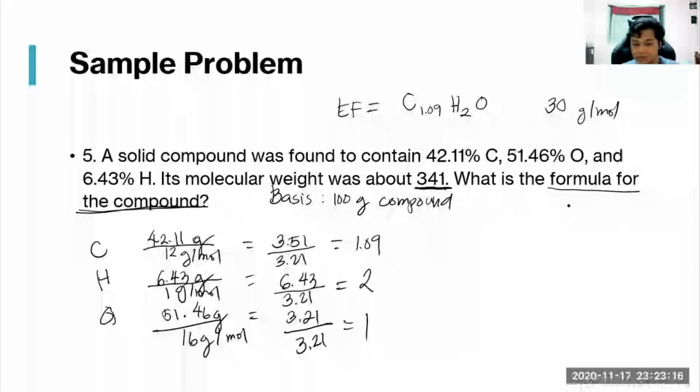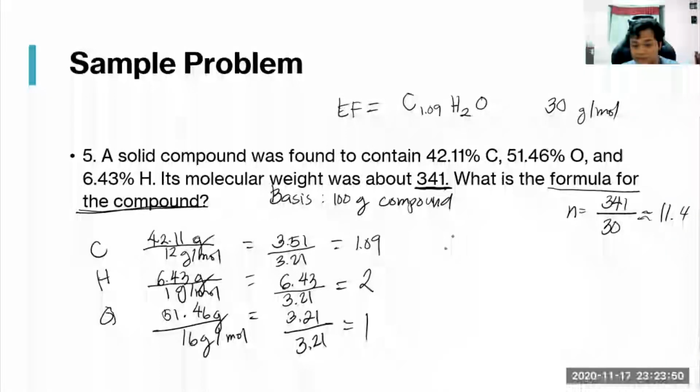So 341 divided by 30 is around 11.4. We can neglect the .4 and just multiply 11 by the numbers in the subscripts.